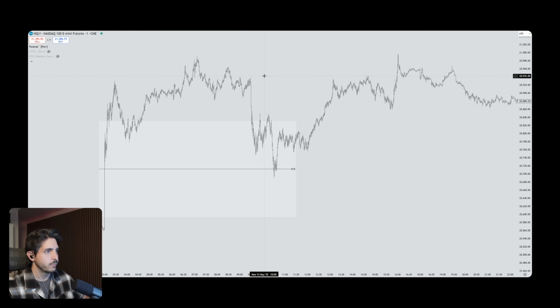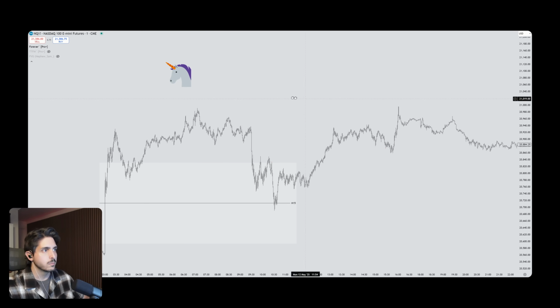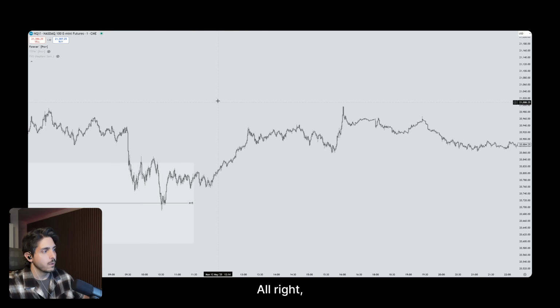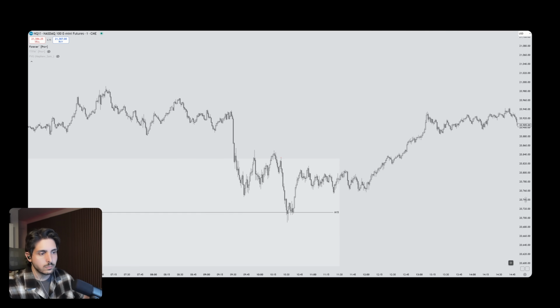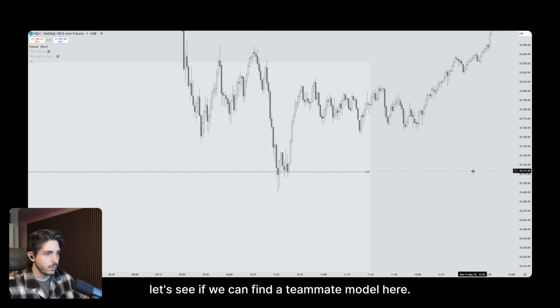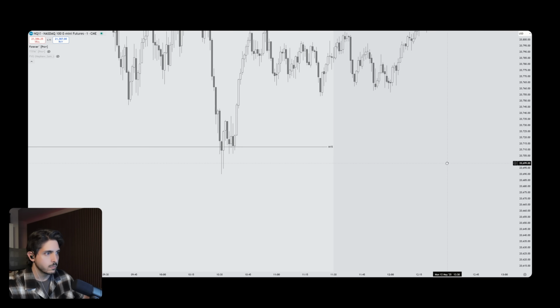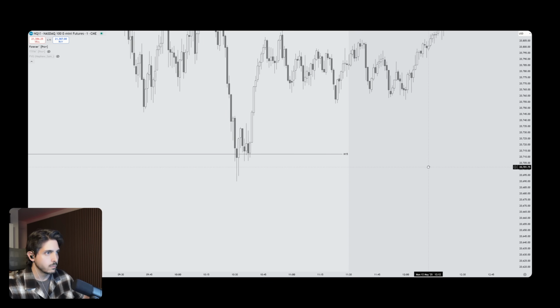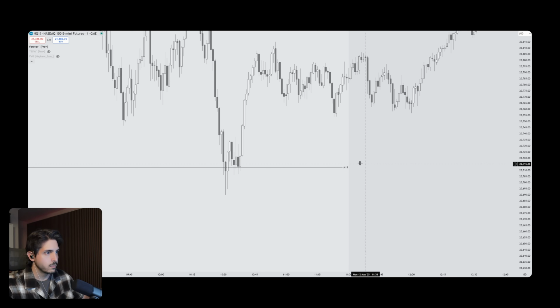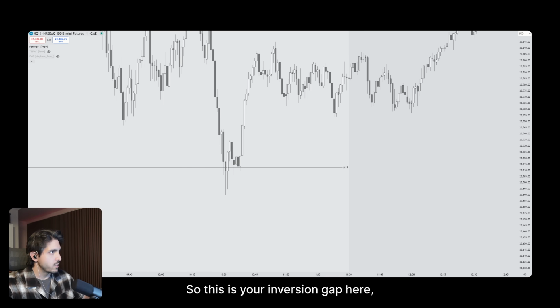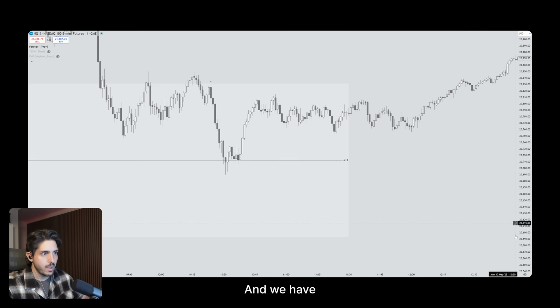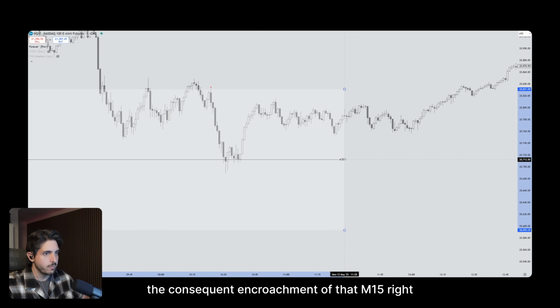Okay, cool. All right, so let's see if we can find a TMade model here. So this is your inversion gap here, right? We tapped into the M15, right? And we have the consequent encroachment of that M15 right here.